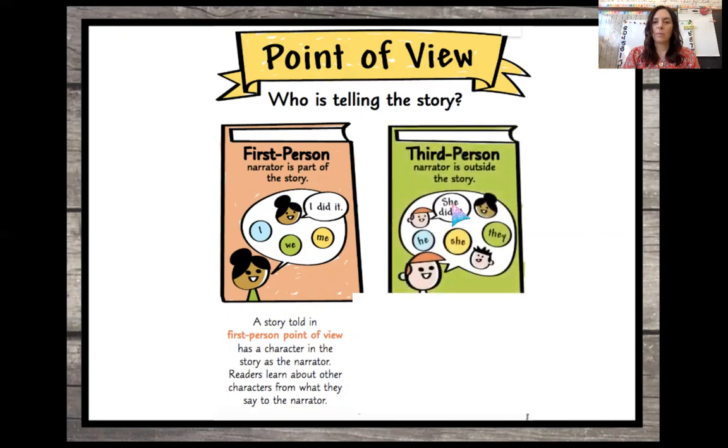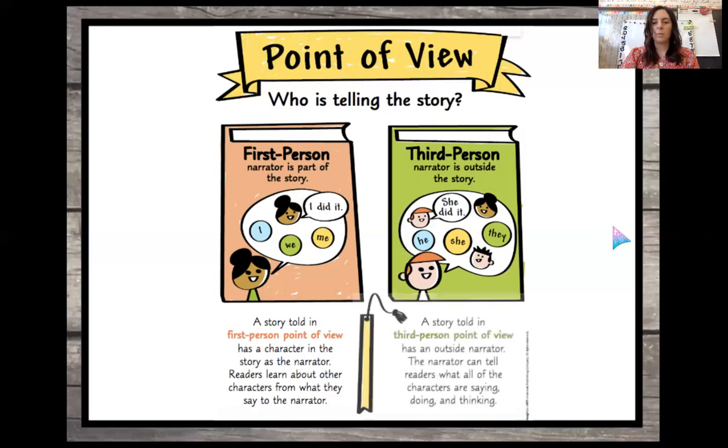There's also a third person point of view, and that's where the narrator is outside the story. Stories written in the third person include pronouns like she, he, or they. So it's sort of like an outside person telling about another person or people.